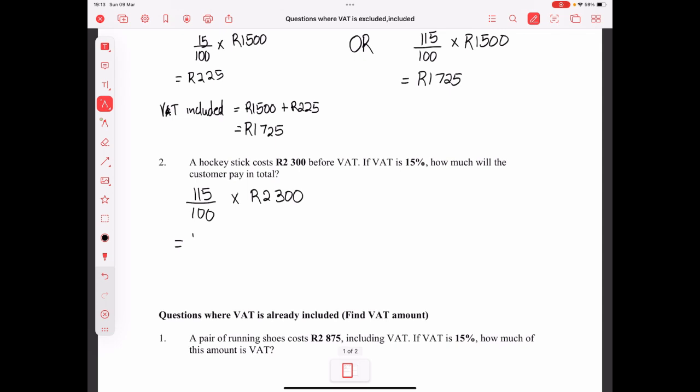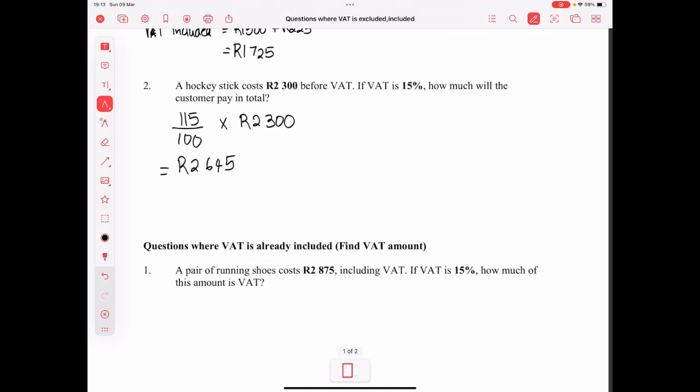And you should end up with 2,645. So just check with me. Let me know if you've got that one. I hope you do. Okay. And you get 2,645.